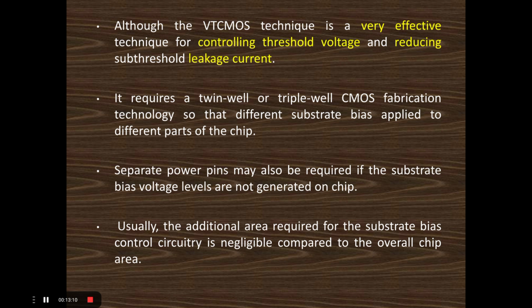Speed is also very good, and by increasing the threshold voltage we are decreasing the leakage current. That also has an effect on the power reduction in the circuit in standby mode, which is very advantageous. So it is a very important topic from the VT CMOS circuit point of view.